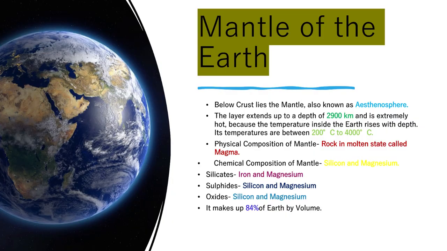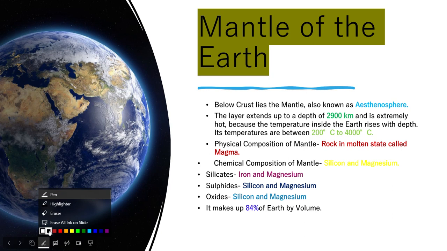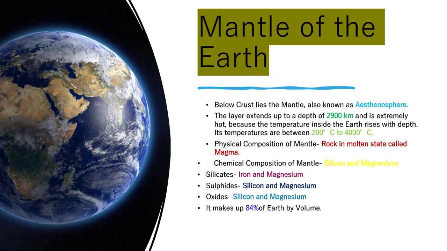Really interesting, right? Now let's study the mantle of Earth. The mantle is below the crust, and it's also known as the asthenosphere. This layer extends up to a depth of 2,900 kilometers, and it's extremely hot because temperatures inside the earth increase with depth.